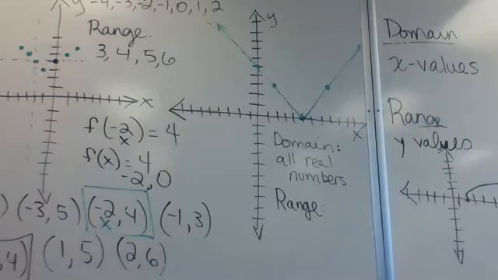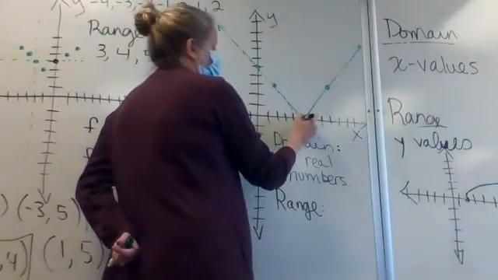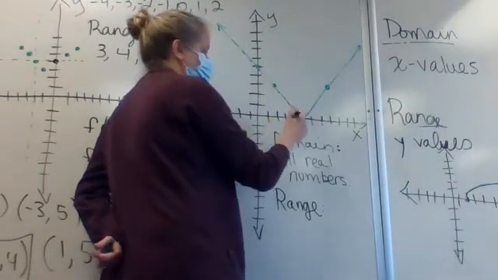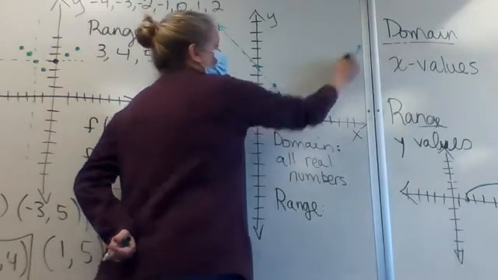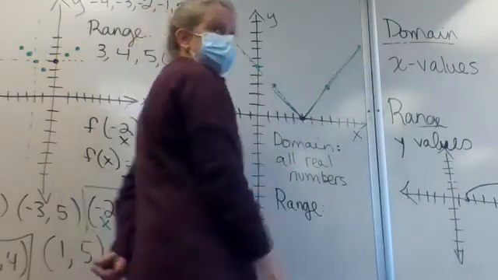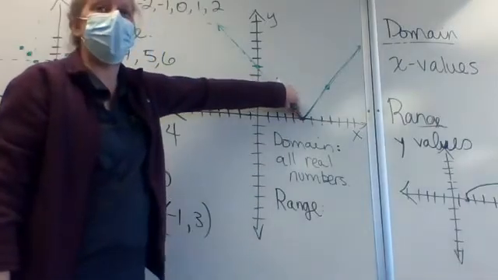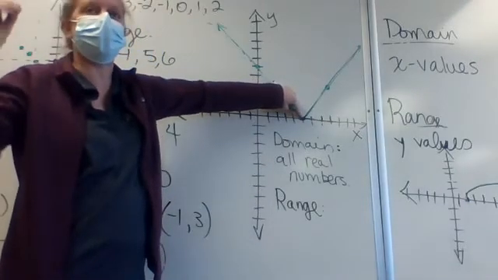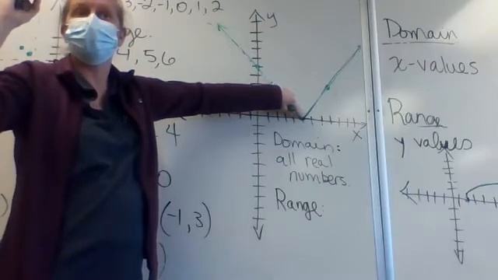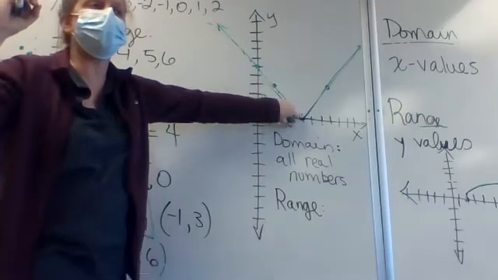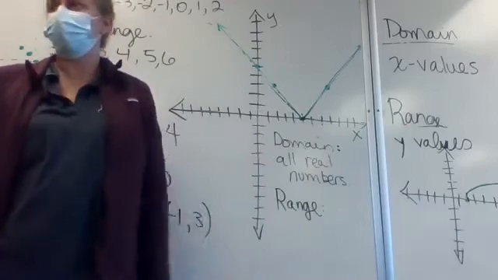Now, this one's range, which kind of goes along with what you're saying. What does the graph do from here, up and down wise? And what does it do from here? Up and up. It only goes up. And what is this one's y value? Since we're talking about the range, it's 0. Does the graph go below 0?